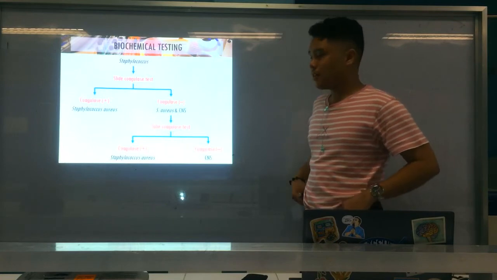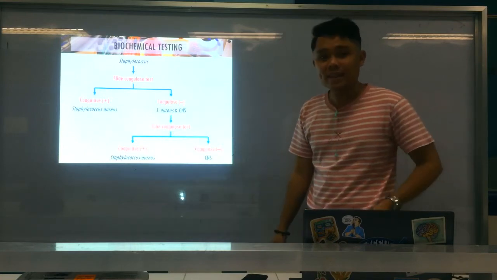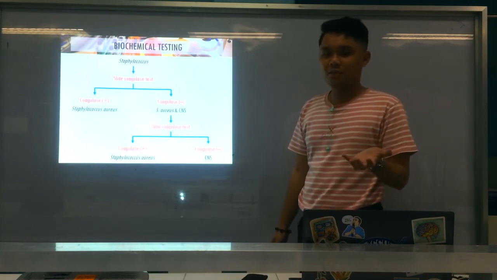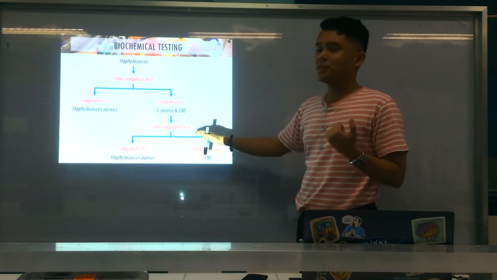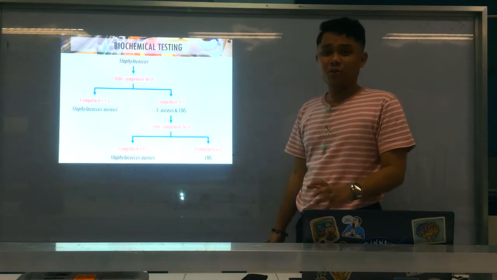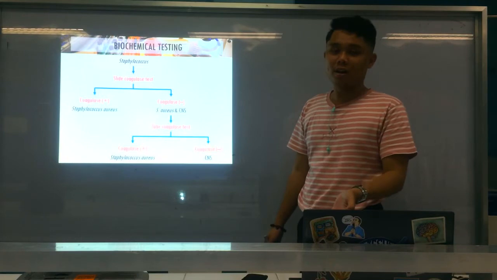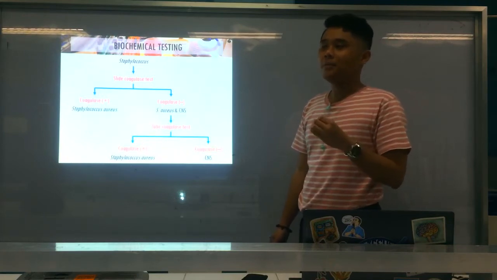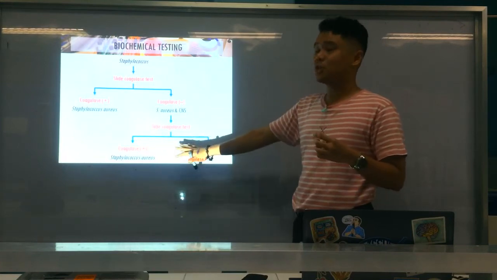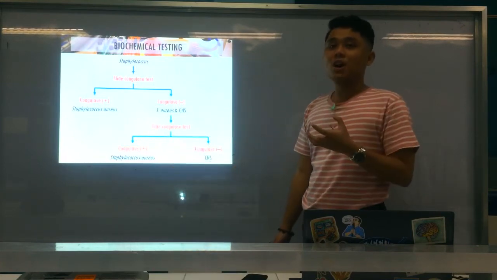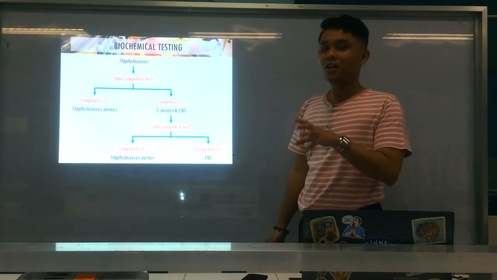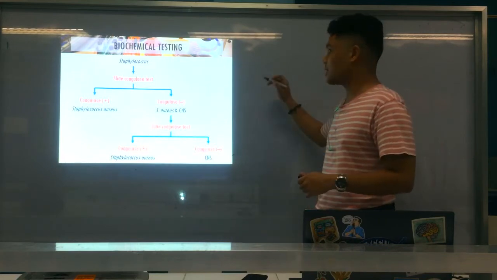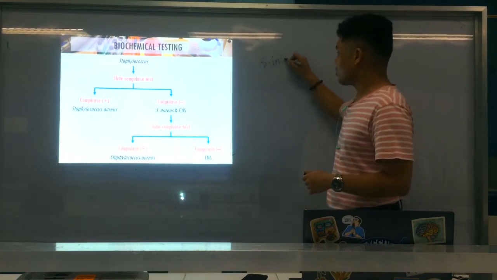And coagulase negative is, of course, your CNS or your coagulase negative Staph. Now, actually, the tube coagulase test is considered to be the definitive identification of most of your Staph aureus or Staph species. For tube coagulase positive, it's usually S. aureus. But I'm not saying that it's the only tube coagulase positive. Most of your clinical isolates that are tube coagulase positive, according to Mahon, are really Staph aureus. That's why S. aureus is considered the true coagulase. But there are other Staph species that are tube coagulase positive, for example S. intermedius, okay?